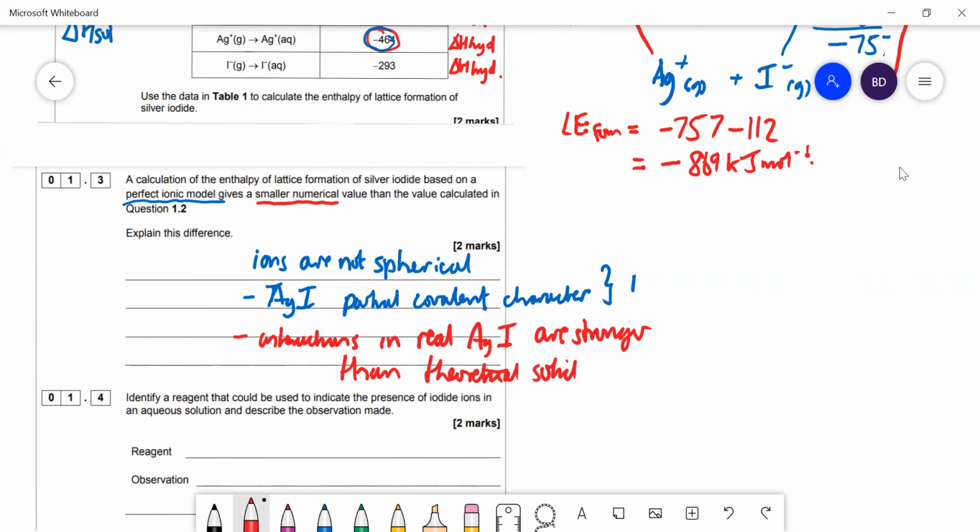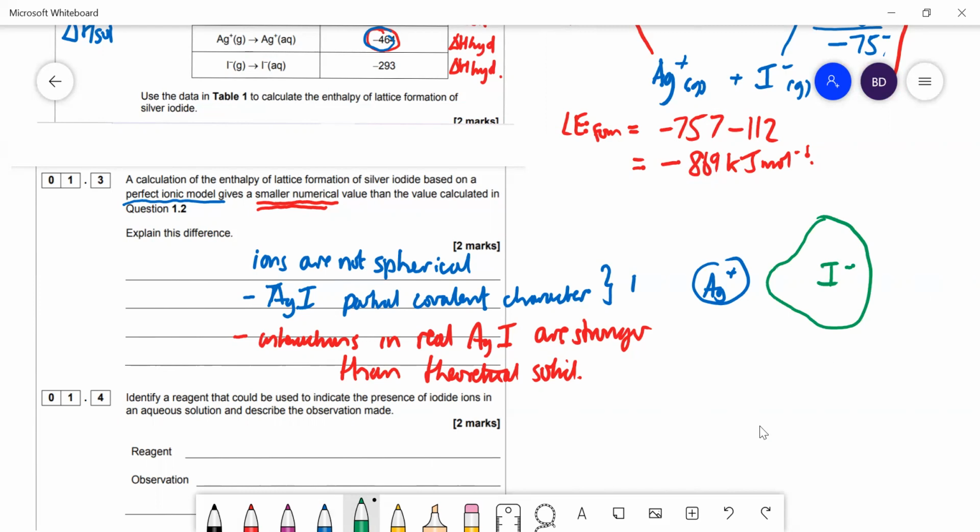Right, you need to have that bit in red there to explain the smaller numerical value. You can't just say they're different because there's partial covalent character. It's only 2 marks. You don't need to go into the explanation there that it's the Ag+ ion which polarizes the iodide ion. You don't need to go into that explanation for just 2 marks.